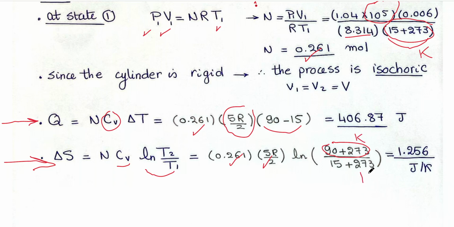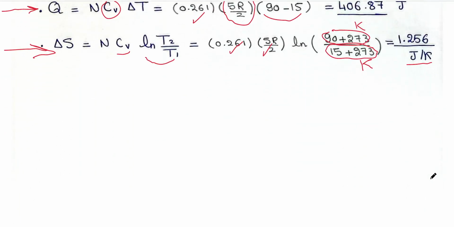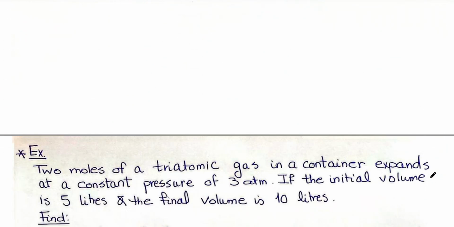It's not a difference in temperature, so you have to use the absolute value of the temperature. Then you substitute to get the change in entropy, and the unit of entropy is joule per Kelvin as we discussed before.